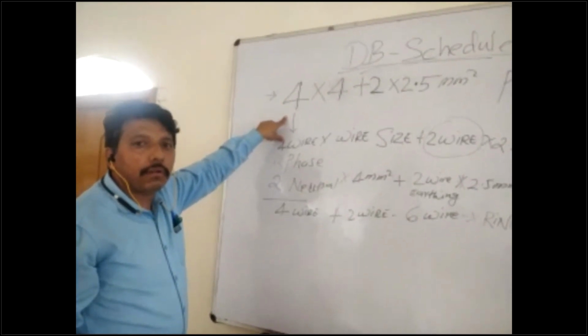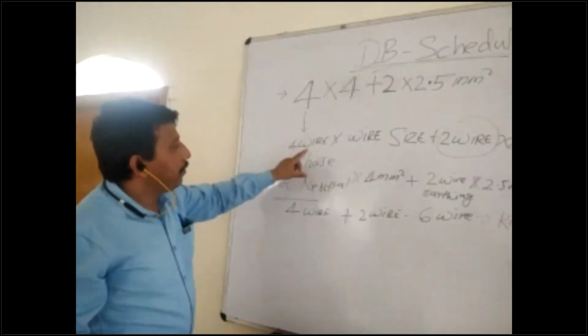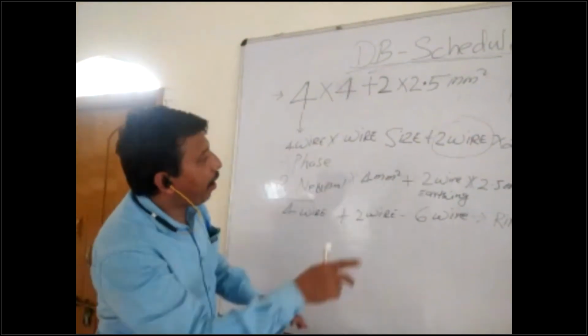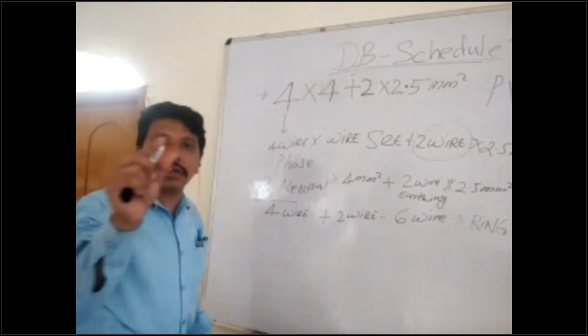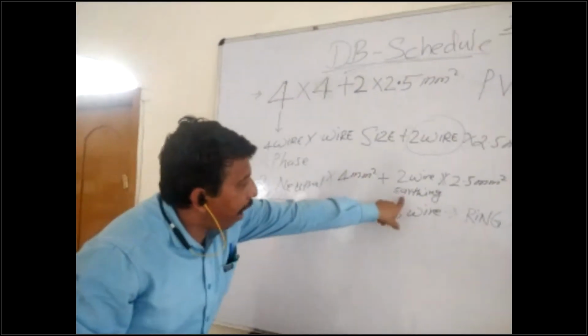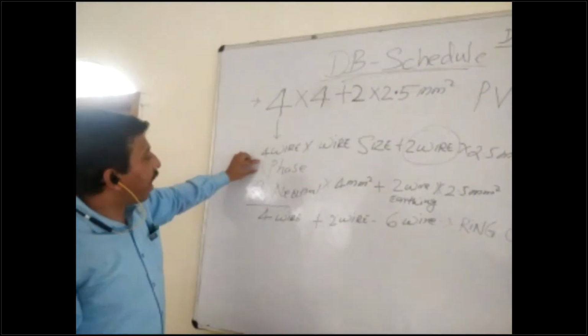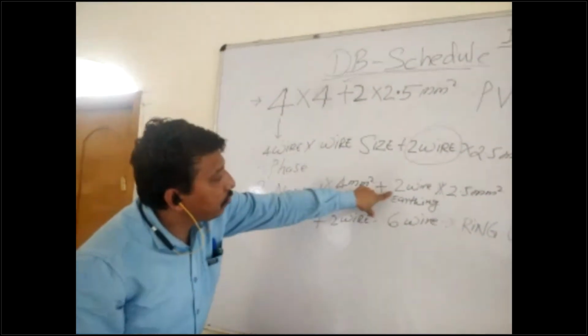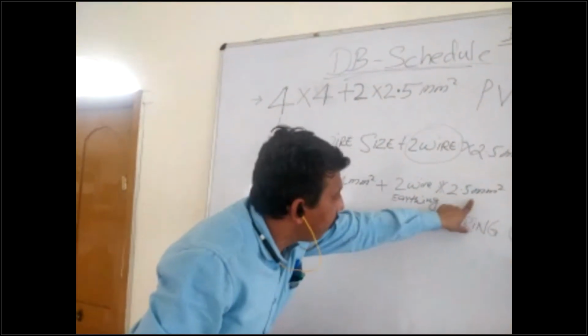Sir, in the 2, how many phases, how many neutrals? This 2, I already wrote, this 2 is the earthing wire only. This 4 means 2 phase, 2 neutral. This earthing wire is 2.5 mm square, okay?